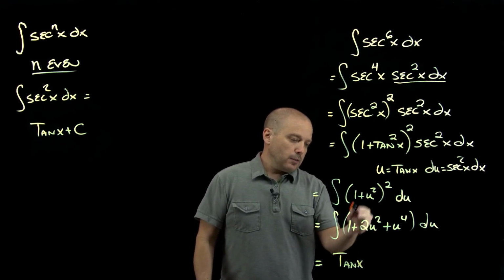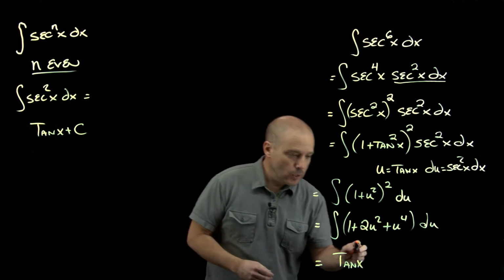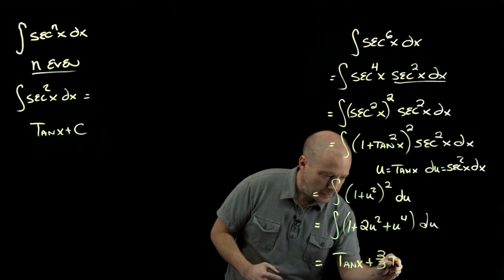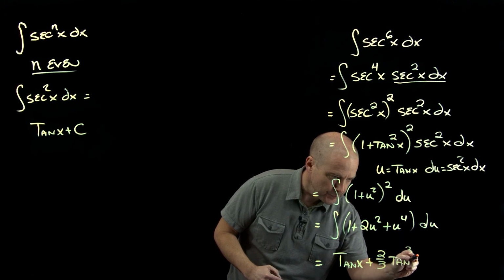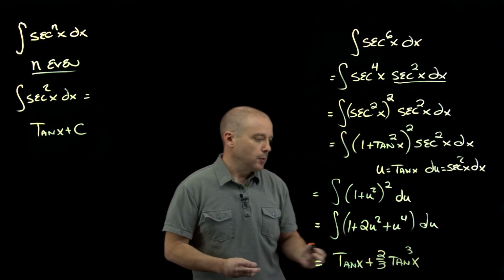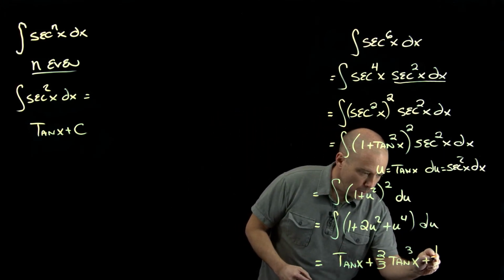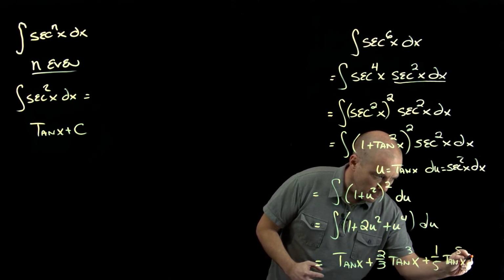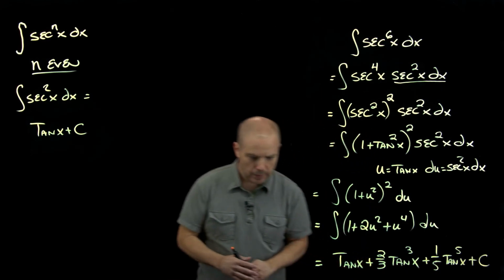To u squared, the antiderivative there would be 2/3 u cubed. So 2/3 tangent cubed. And lastly, 1/5 u to the 5th, 1/5 tangent to the 5th, plus the constant.